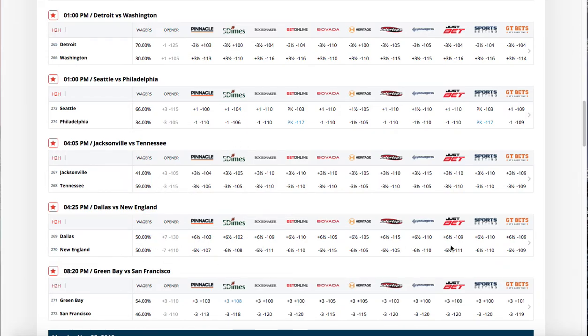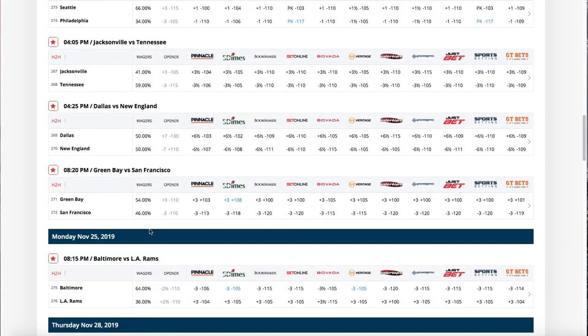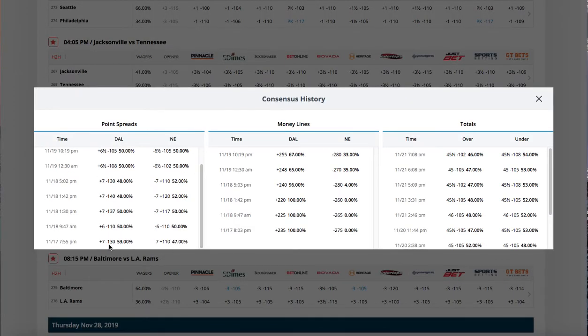And then let's look at the Dallas, New England. Again, same deal. You got a lot of sharp money on both sides on this one. Opened up 53%, opened up at +7 for Dallas, -7 New England.